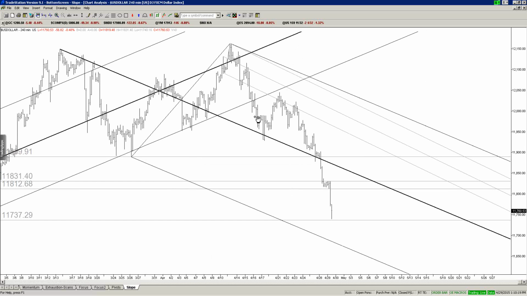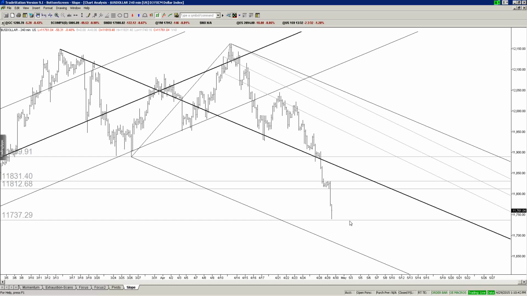The dollar breakdown, we had the behavior change here, we had a bounce here. We were looking to get a test up here or on the lower parallel and then put on the big dollar short position. Didn't happen, so the other scenario is coming true right now, and that is the break below the median line and then look for the retest, okay?